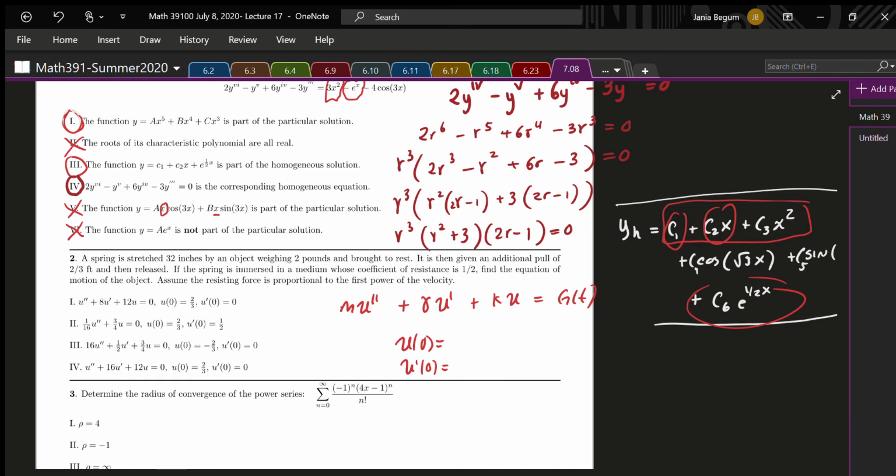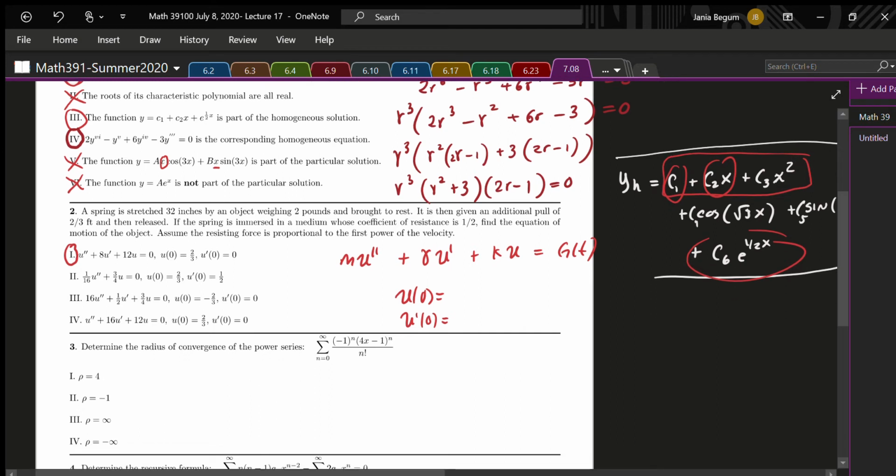What did you guys get? 1. Yeah. So you'll see after you plug in these unknown constants, you'll have 1 as the right choice. Okay, so if you want to see the detailed solution, I will be in my office hours tomorrow. Come by, I'll work them out for you. For now, I'm just going to write down the answers.